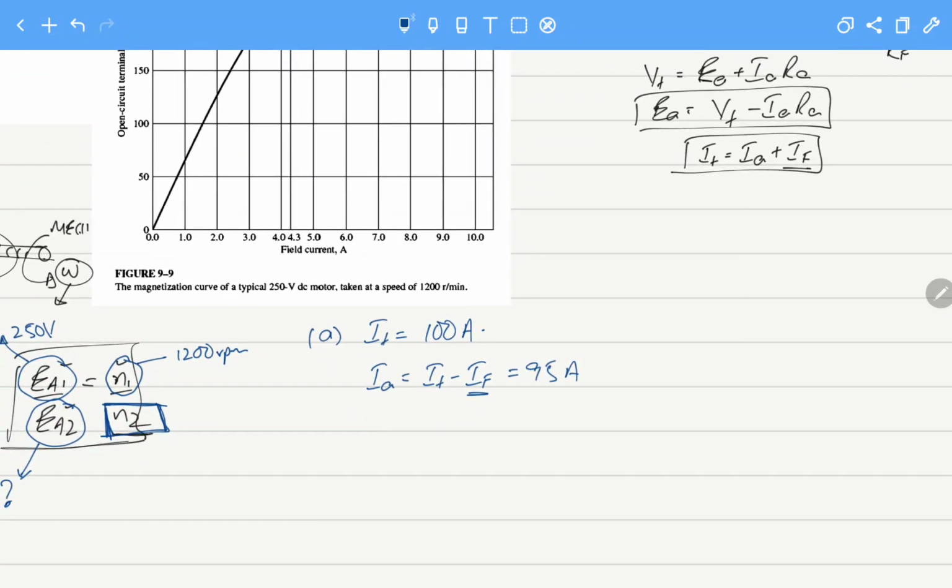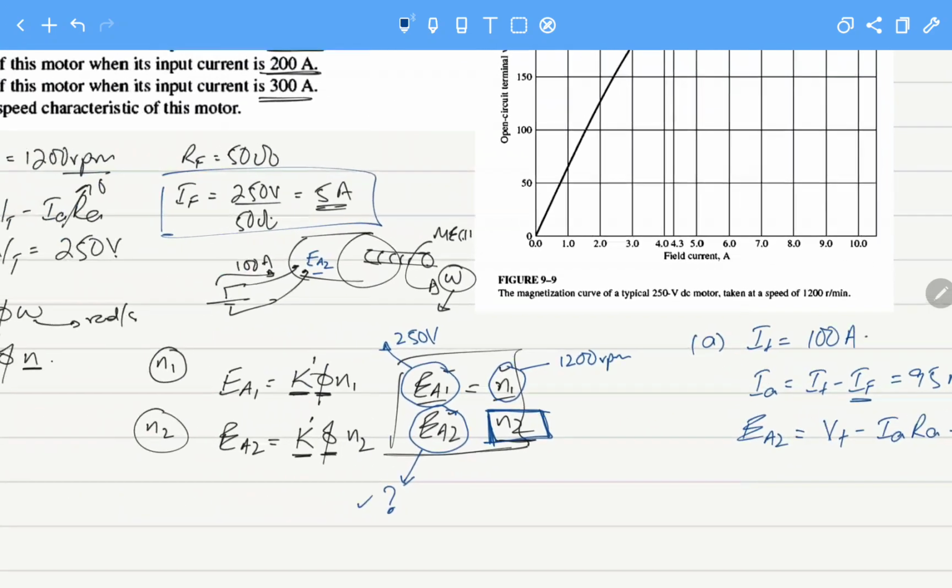Then what will be EA2? It will equal VT minus IA RA. The terminal voltage is the rated supply voltage, minus 95 amperes into 0.06 ohms.